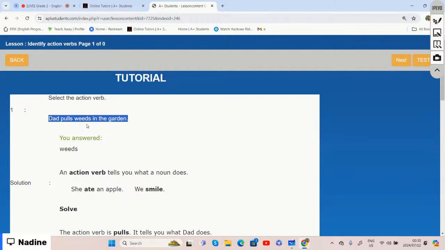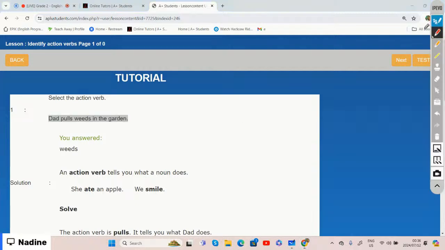If we look at that sentence, we need to identify or select the action verb within that sentence. What is the verb that tells us what Dad is doing?